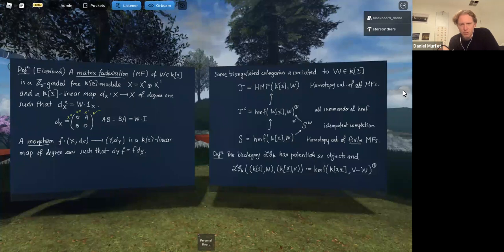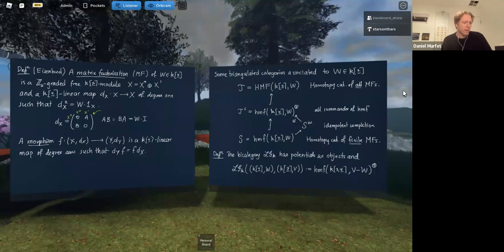That's how you should interpret these objects in HMF of V minus W. Okay. All right, so this is the key player in the story I want to tell about composition. Are there any questions at this point?